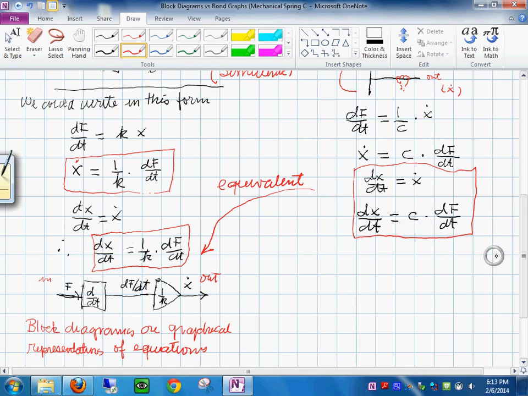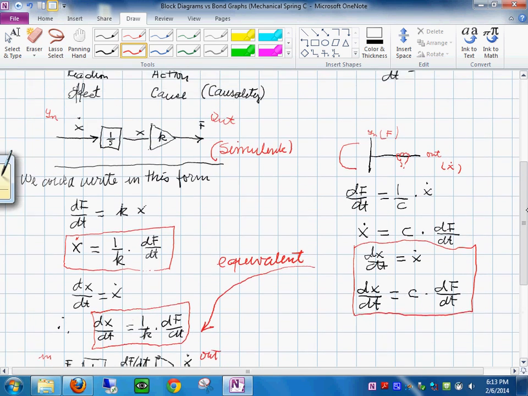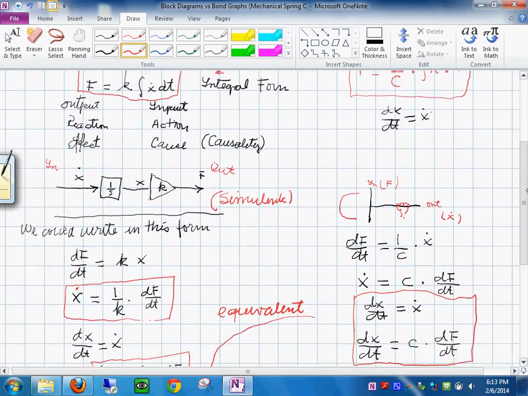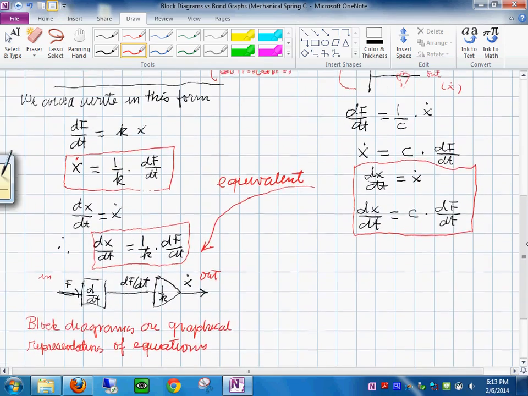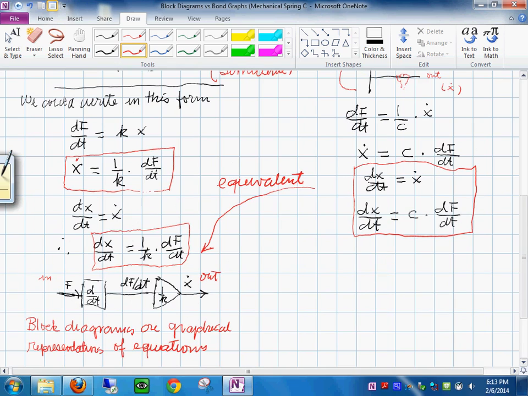When we use bond graph notation, we usually use the c variable. With the block diagram, you can use k, but c is 1 over k, it's the very same thing. Should I write it down in here? Just in case. Since c is 1 over k, then it follows that dx/dt is equal to 1 over k times df/dt.